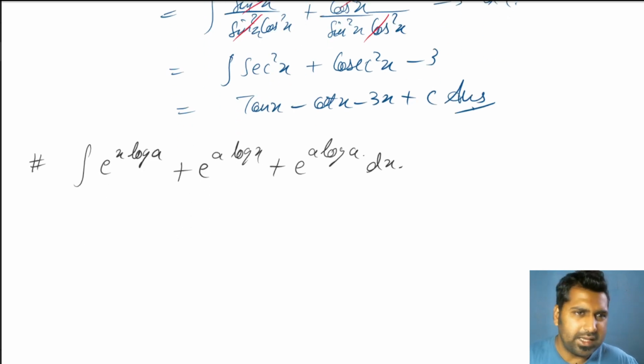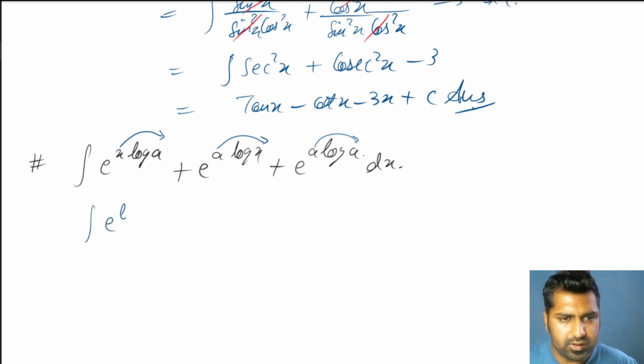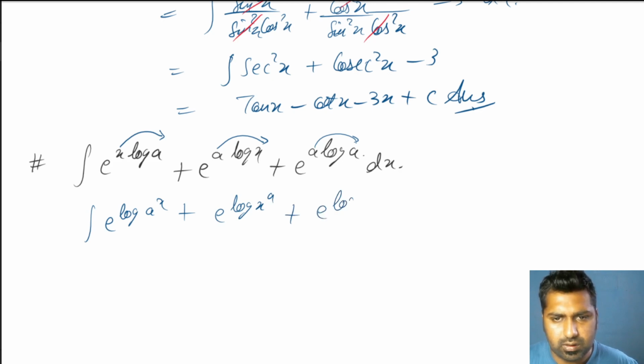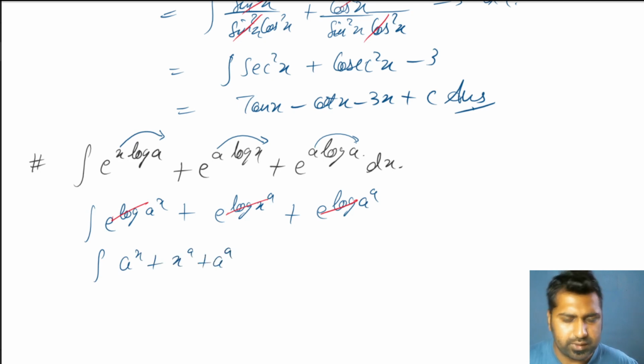The moment you see e log, you know that you have to get this in the power, get this also in the power, get this also in the power. So this becomes integration e raised to power log a raised to power x, plus e raised to power log x raised to power a, plus e raised to power log a raised to power a. E log cancels. a raised to power x plus x raised to power a plus a raised to power a dx.